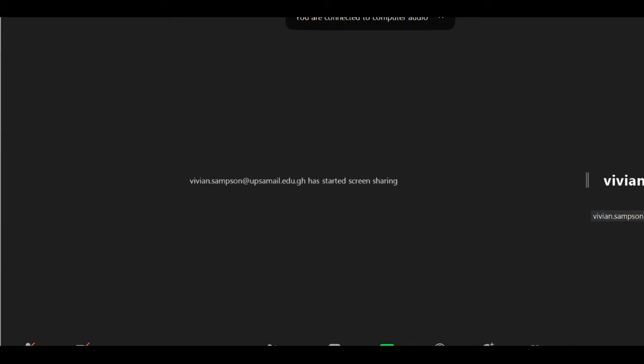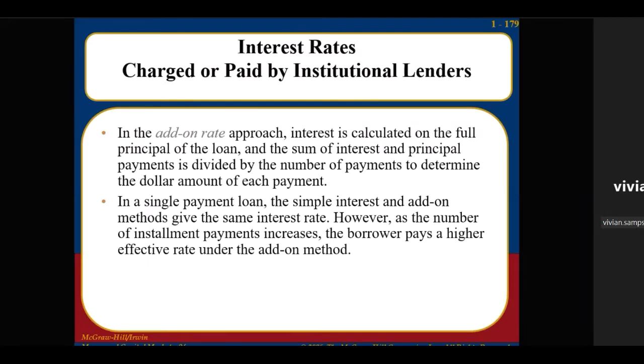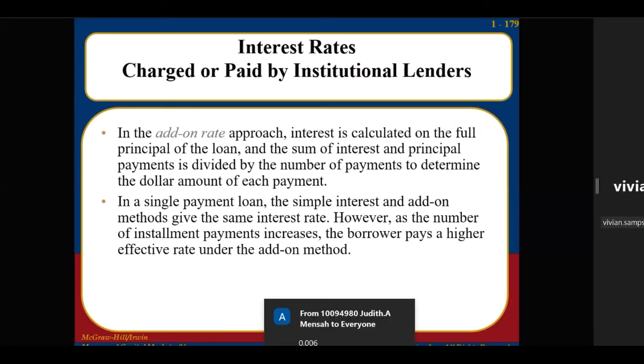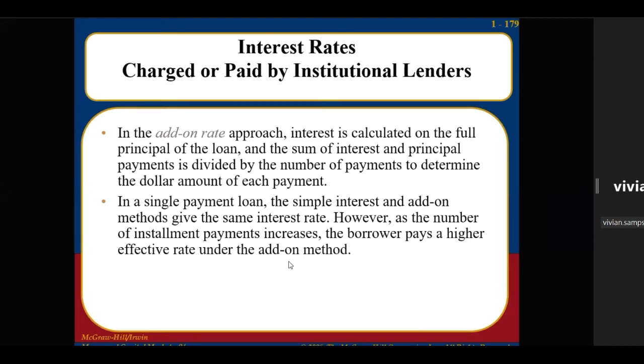Put it in the chat so that everybody will see. Don't send it to me directly, please. Send it on the platform so that everybody will see. Okay, so Abigail had 0.0067. The same applies to Victoria.